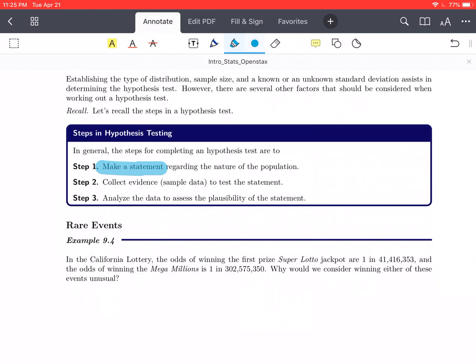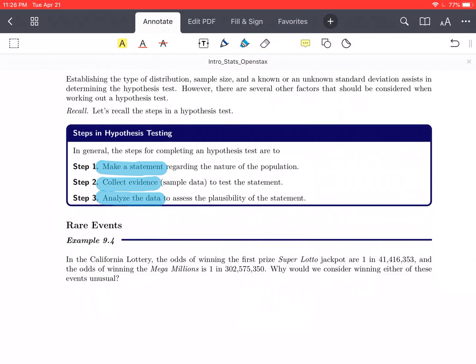And then the alternative hypothesis is what we are trying to show is actually true. So you make that statement, you collect your evidence, or your data, to test that statement, and then you analyze the data.